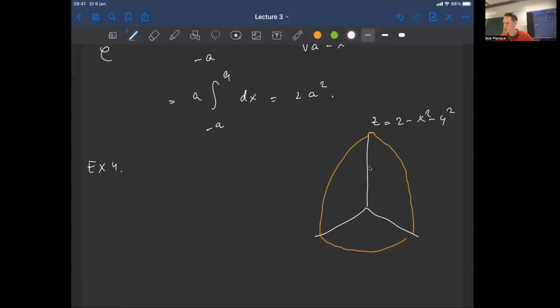And I also have, in a different color, this kind of curve.